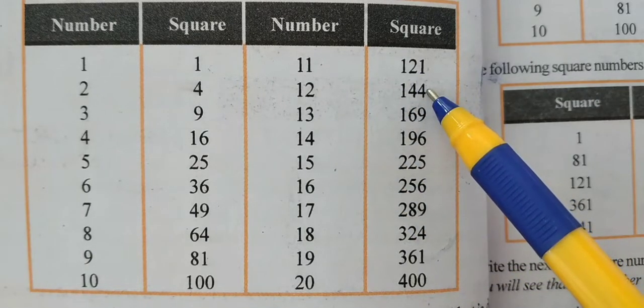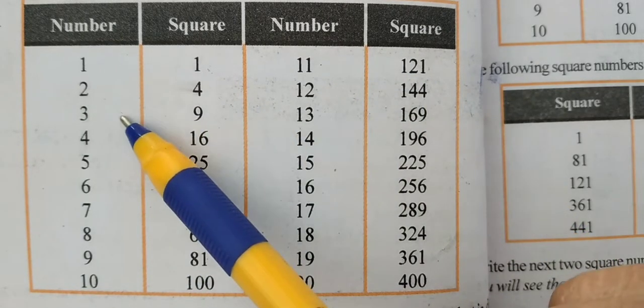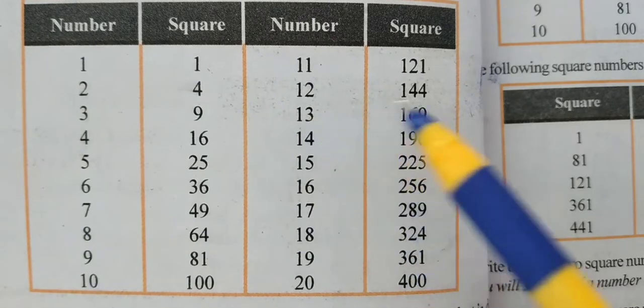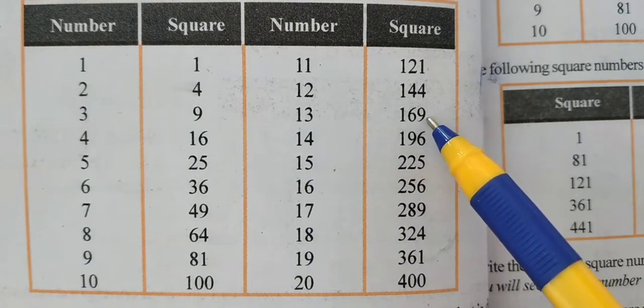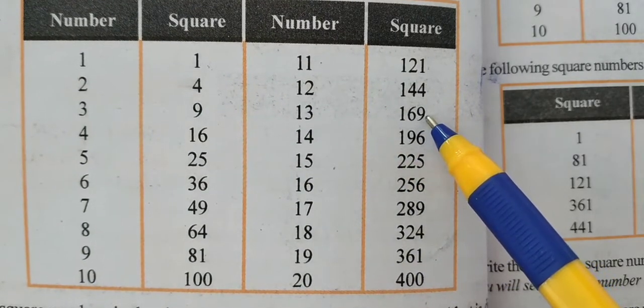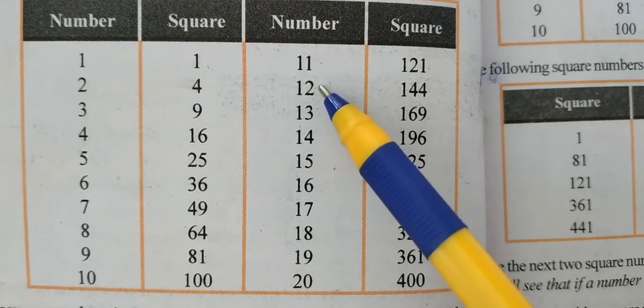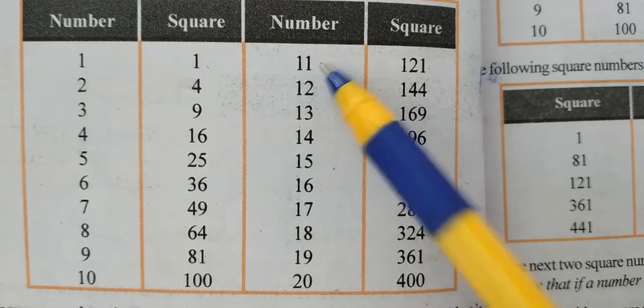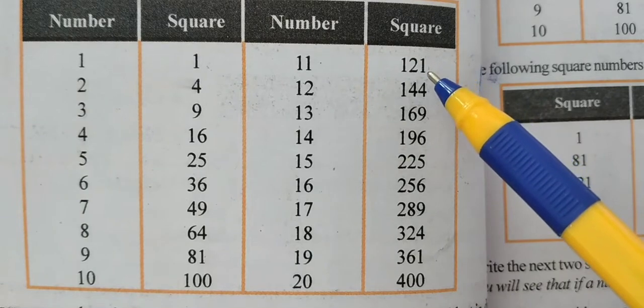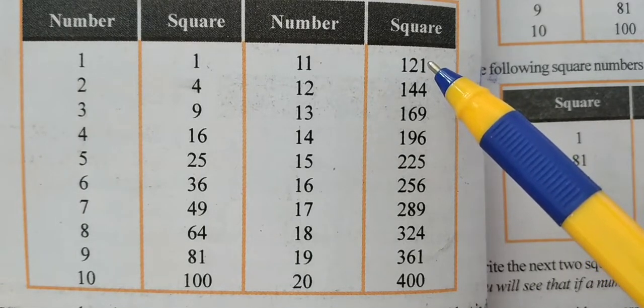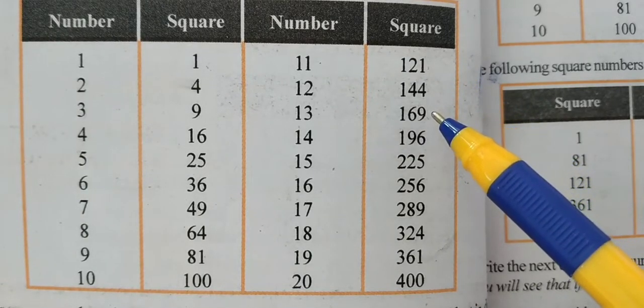You have 4 in the units place. Okay, 3 you have 9. 13, you can see 169, units place you have 9. So on squaring 3, squaring 2, squaring 1, you have a fixed digit at the ones place.